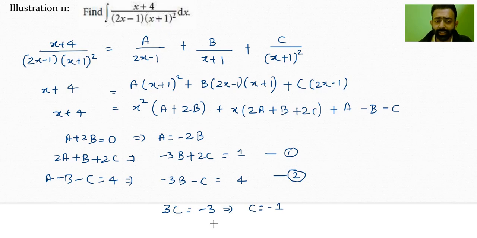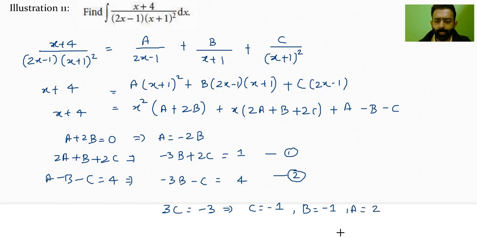Then B will also be minus 1, and if B is minus 1, A will be 2.